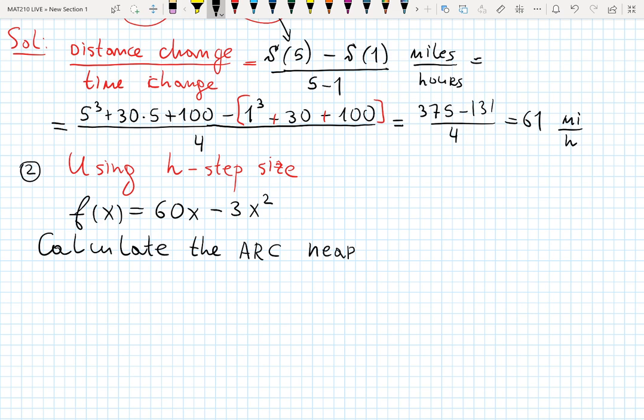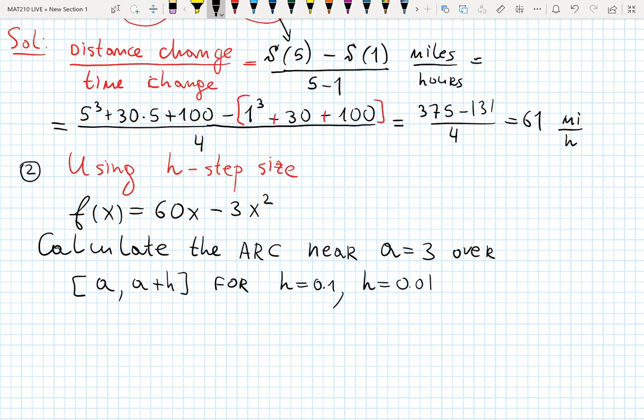But in this case, I give you near 3 over the given interval. And the interval will be a, and then a plus a step size. So it's 3 and then 3 plus h. And then I tell you how far you should step away. You will step away by 0.1, then you will step away by 0.01, then you will step away by 0.001.